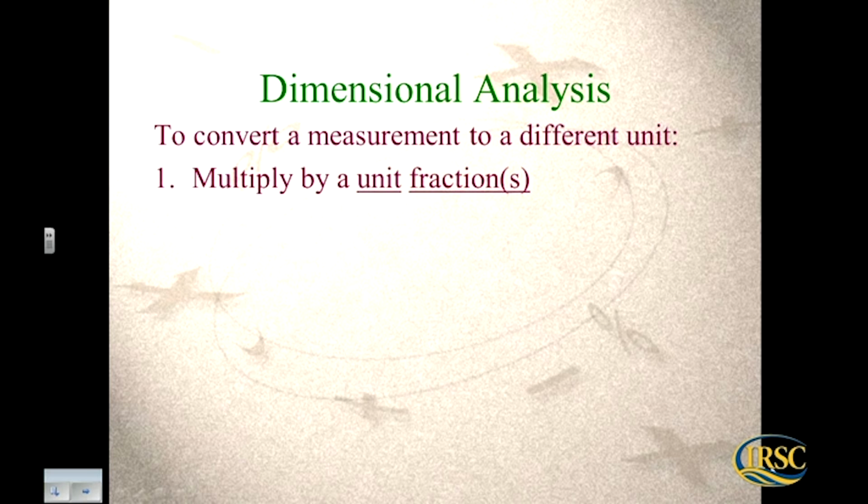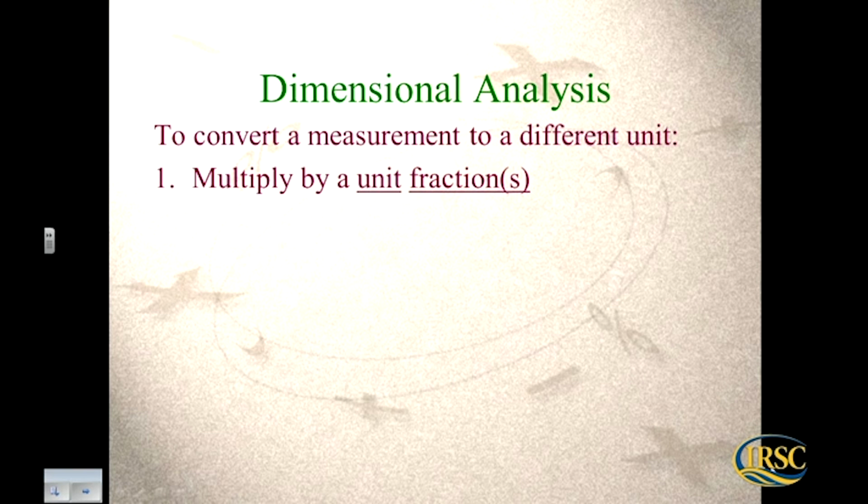A unit fraction is made when you take what you know about your conversions, like 12 inches and 1 foot, and just make a fraction out of those numbers. So it could be 12 over 1, or it could be 1 over 12.